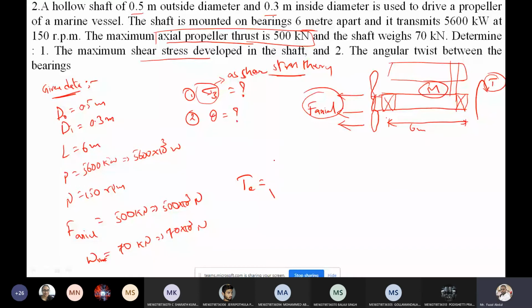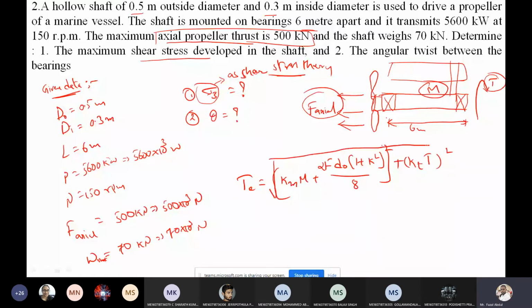Te equal to square root of (Km into M plus alpha into F into D naught into (1 plus K square) by 8) whole square plus (Kt into T) whole square.